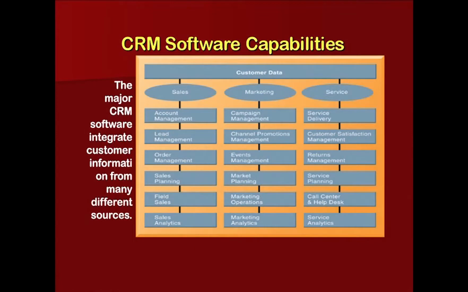Now, let us study what the CRM software capabilities are. The major CRM software integrates customer information from many different sources. It is the sales, marketing and service, that is data of customers captured from these departments. Sales is account management, lead management, order management, sales planning, field sales and sales analysis. Marketing is campaign management, channel promotion management, event management, market planning, marketing operations, marketing analytics.